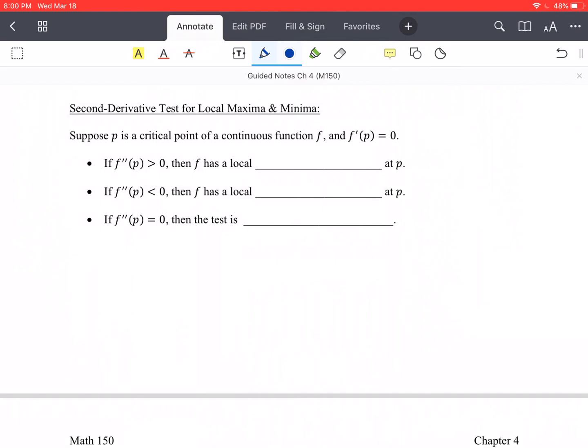If f double prime of P is greater than 0, so in other words, if the second derivative is positive, or if the graph is concave up, then f has a local minimum at P. And if f double prime of P is less than 0, so the graph is concave down, then f has a local maximum at P.